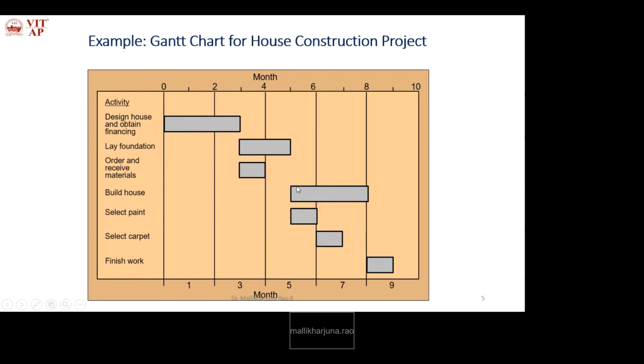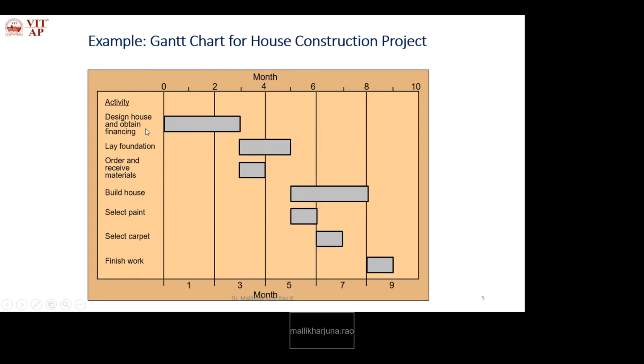So we can call this a critical activity. Anyhow, we need to find whether these are actually critical or not, and we will find that using critical path analysis. Then the select carpet activity starts at the 6th month and ends at the 7th month, and finish work starts at the 8th month and ends at the ninth month.